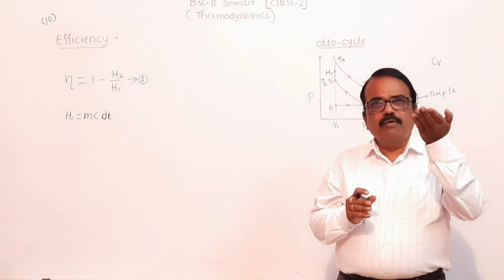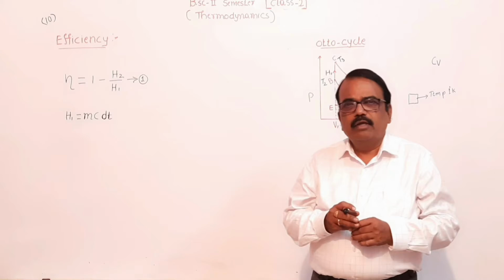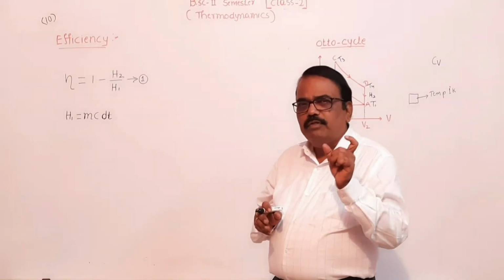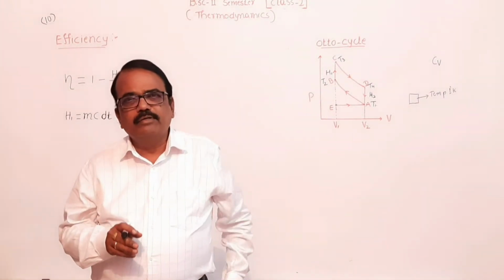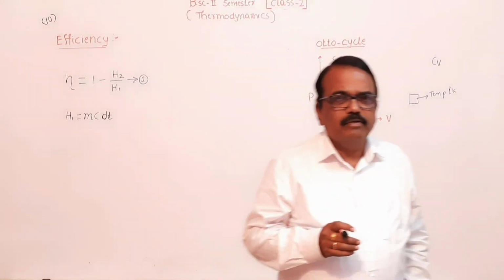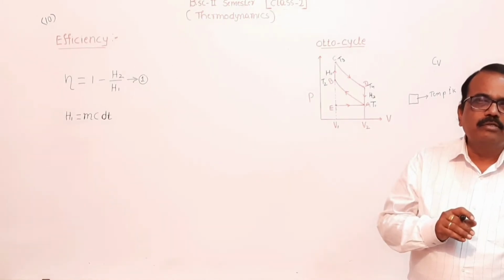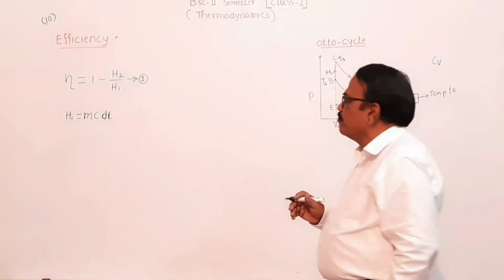For an increase in temperature of only 1 degree, whatever the amount of heat supplied is called the specific heat. If this process is carried out by keeping pressure constant, it is called specific heat at constant pressure. If it is carried out by keeping volume constant, it is known as specific heat at constant volume.